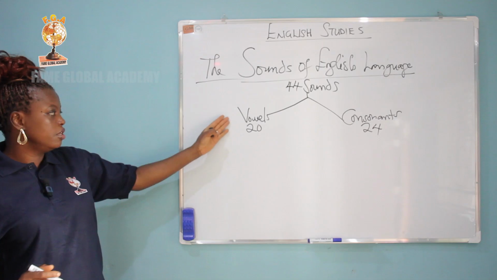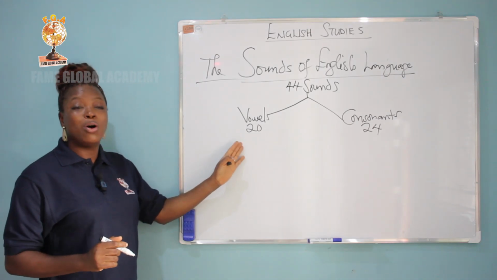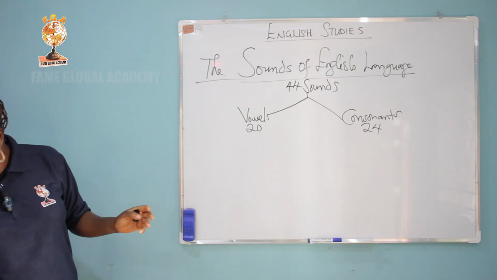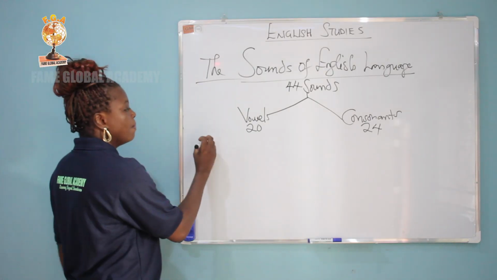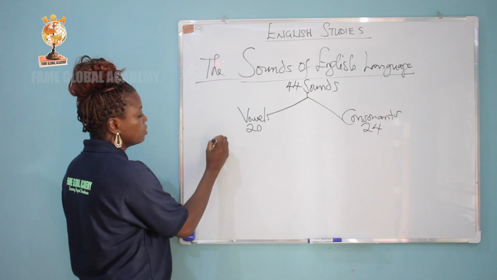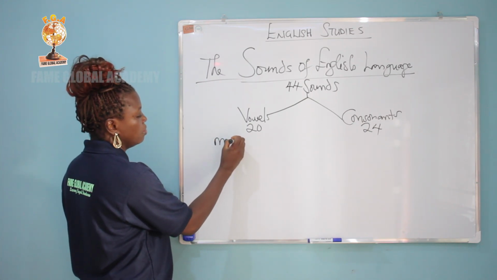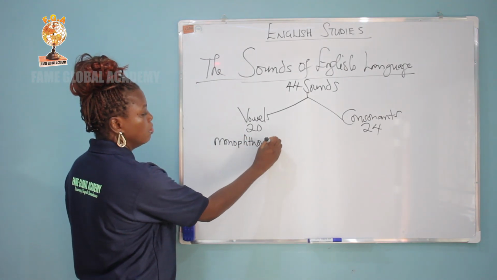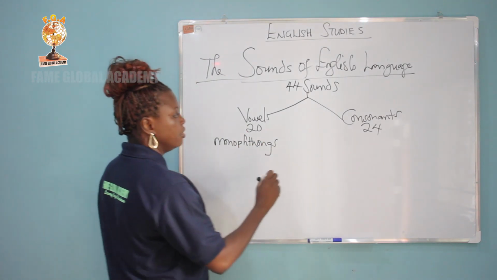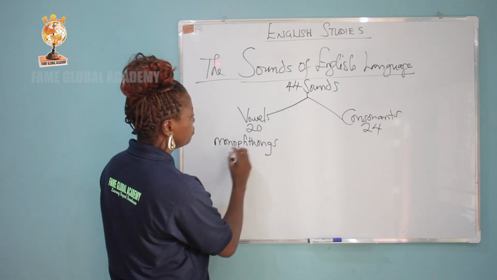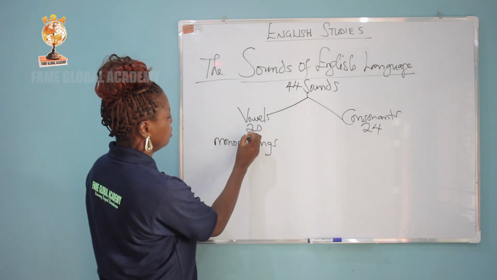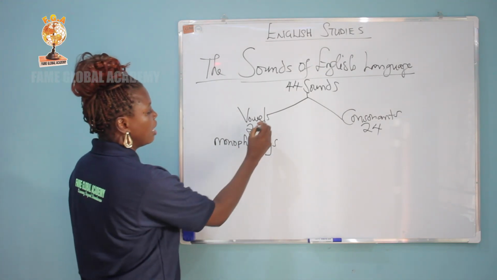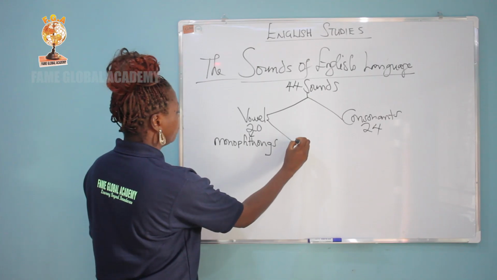Now, these 20 vowels are further divided into monophthongs and diphthongs.